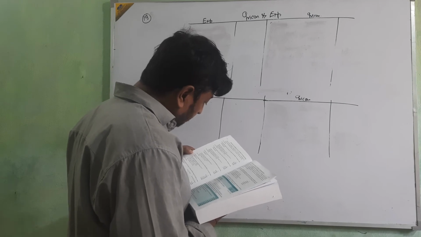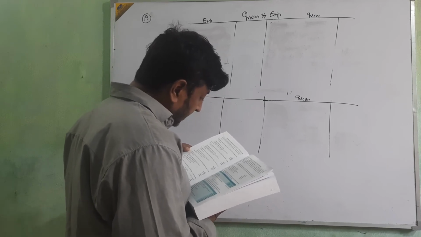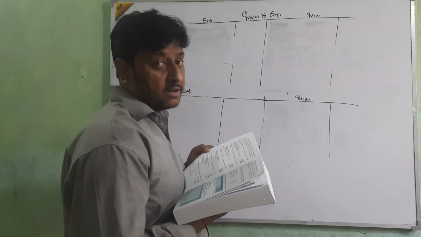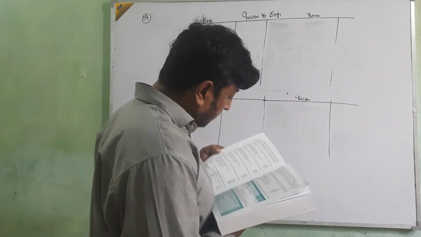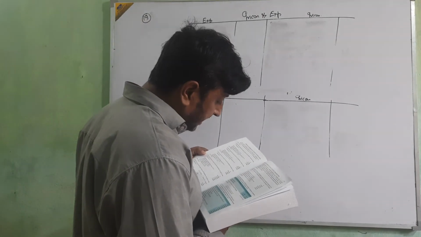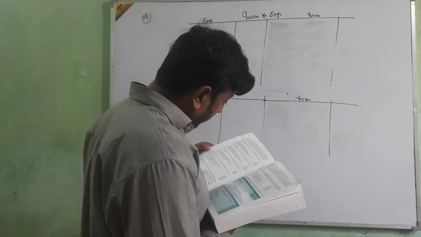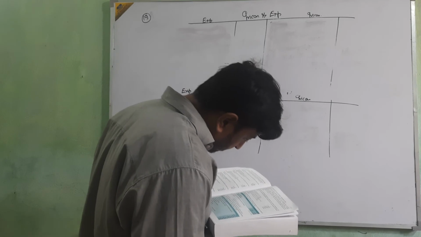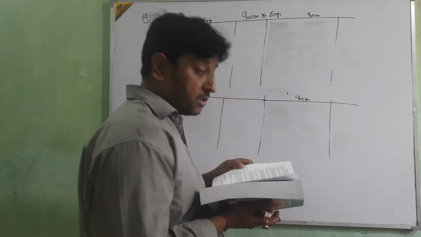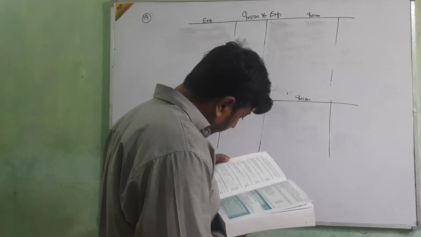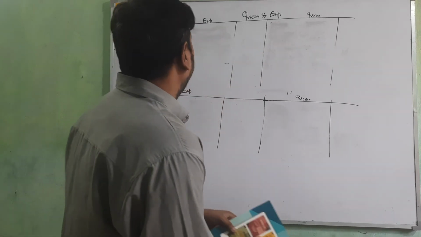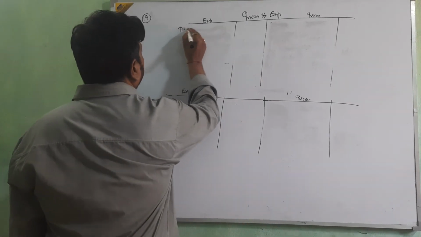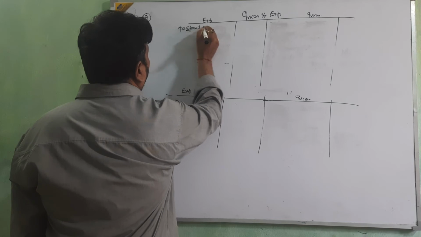question number 22 is sports material. 18, it means for opening, it's last year's opening, and paid during the year 20,000, and closing amount for sports material 4,800. Okay, just see how we present. To sports material.